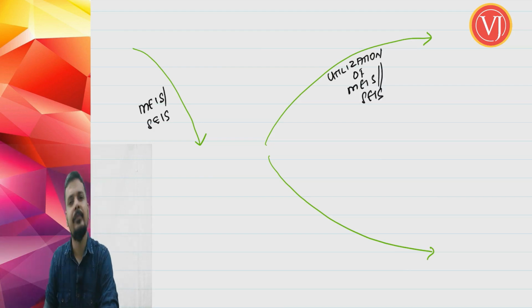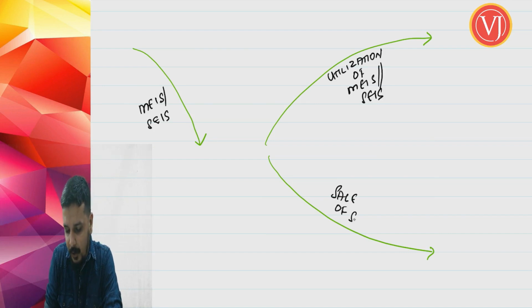See, you can use it for certain purposes. If you are not interested in usage, what you will do? You will sell the script, sale of MEIS script as well as your SEIS script.